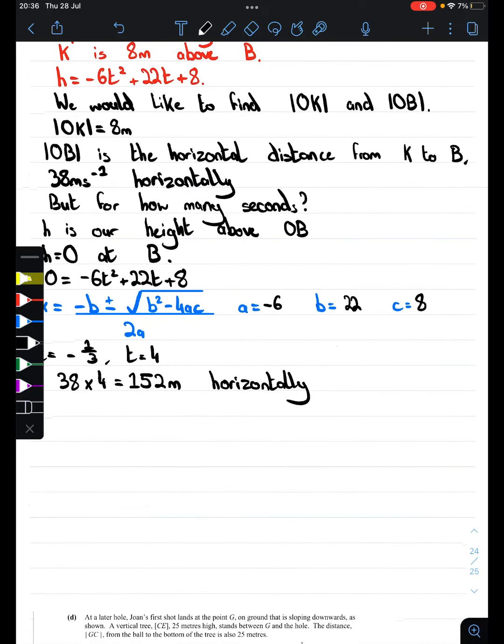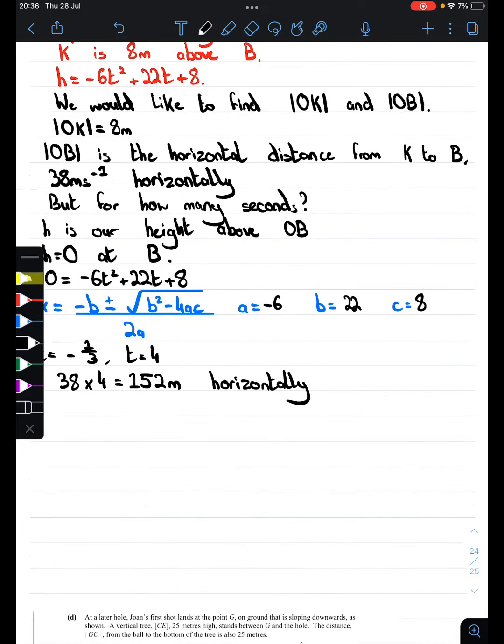Well, let's first look at d. We know that we have a right angle triangle, GDC, with an angle theta. The opposite of theta is h, and the adjacent is d.